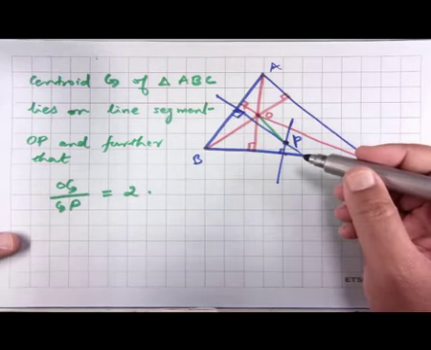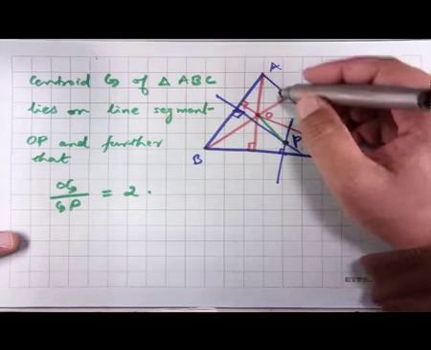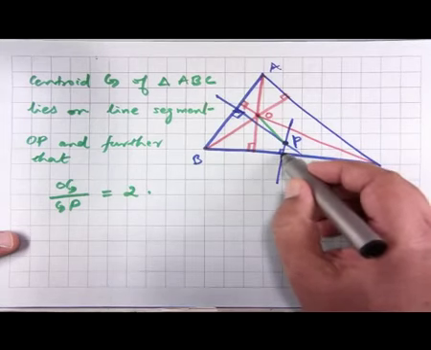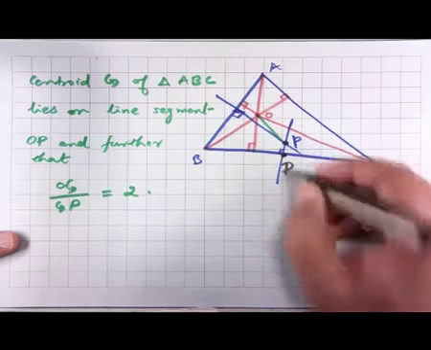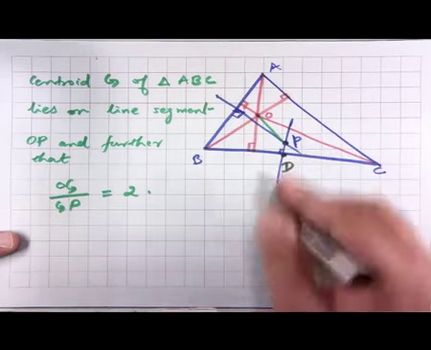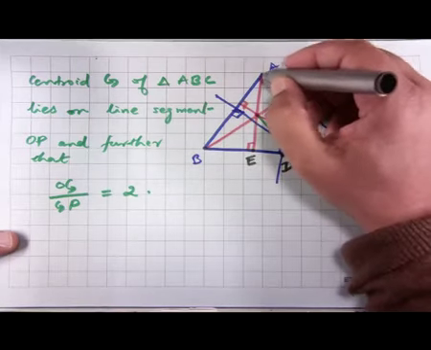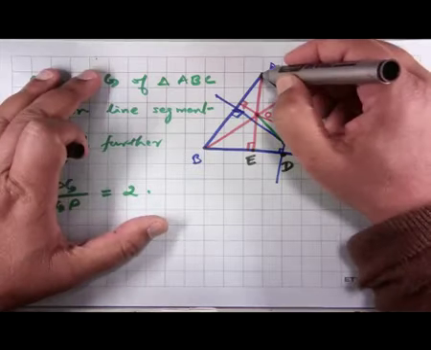So, towards proving this question, let us say that we denote this point here by D and this point here by E, and then let us join the vertex A with this point D over here with a straight line.